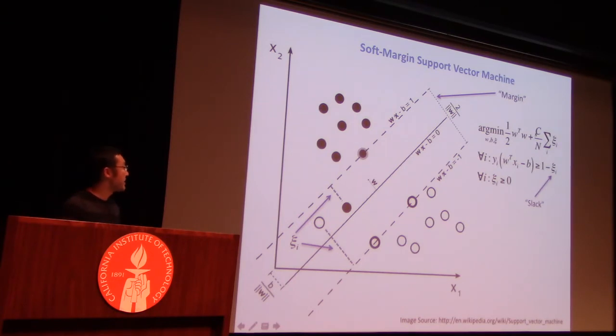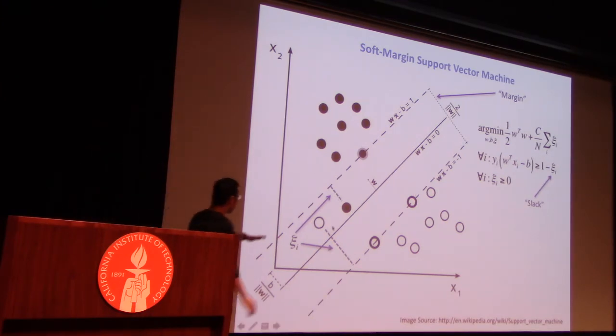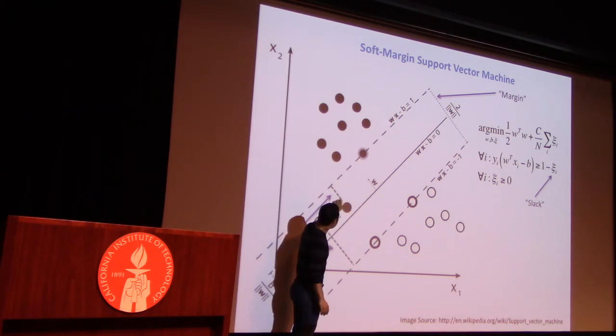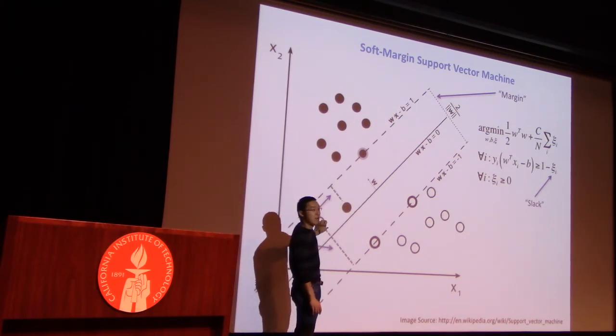So if we set C to be very high, right, then we are very intolerant of margin violations. We want the margin violations to be as small as possible, in which case we might draw the hyperplane right here, and then the margin would be something really small, and then we would only tolerate a very small amount of margin violations, right?